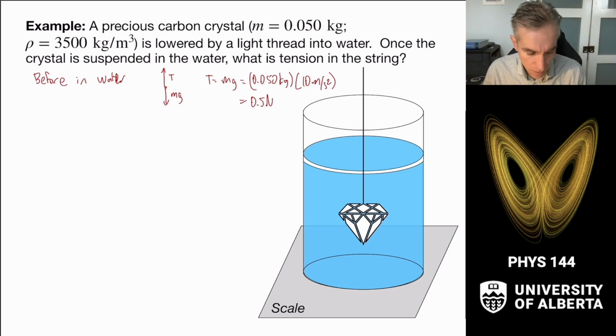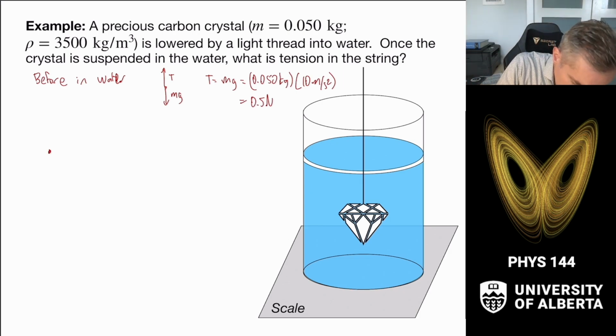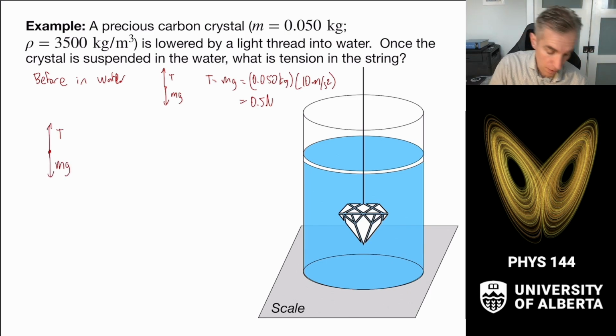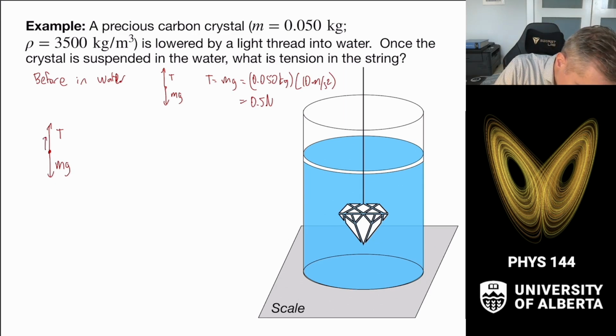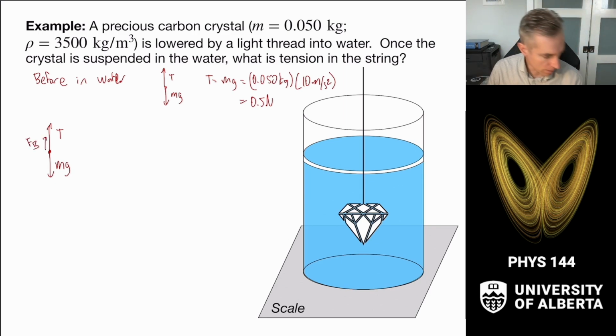Once I stick it into the water, my free body diagram will change. It's going to have a tension force, there will still be a weight pushing downward, and then there's going to be a buoyancy force pushing up on the whole system. What we'd like to do is figure out the buoyancy force on the diamond.